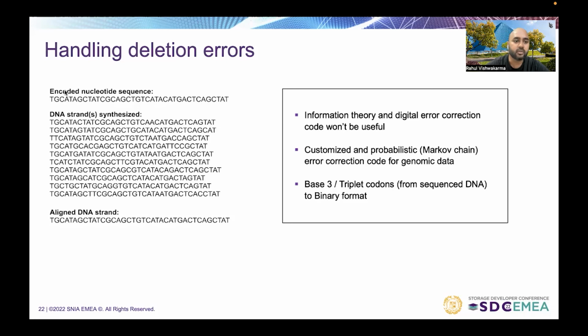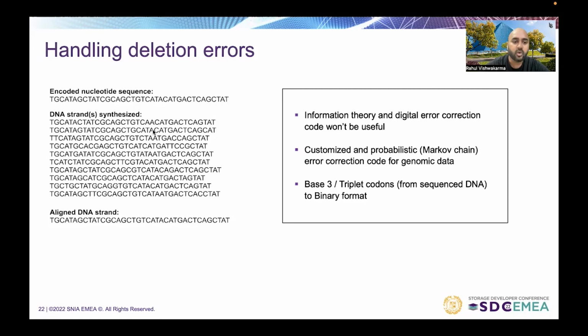For example, our actual encoded nucleotide retrieved from the metadata is this particular sequence, and when we send it for synthesis, it will not synthesize just this one, it will synthesize multiple copies of them, like polymerase chain reaction, right?